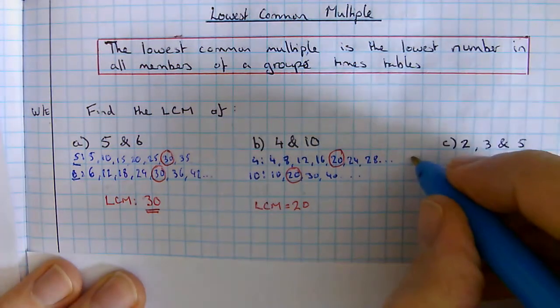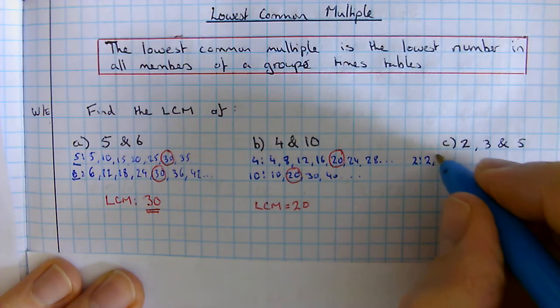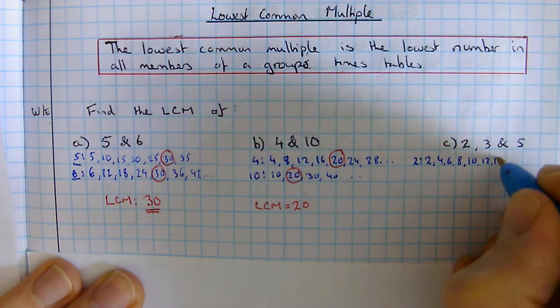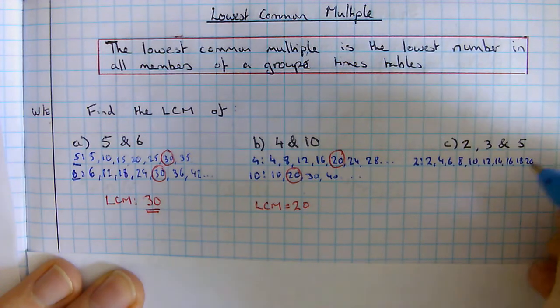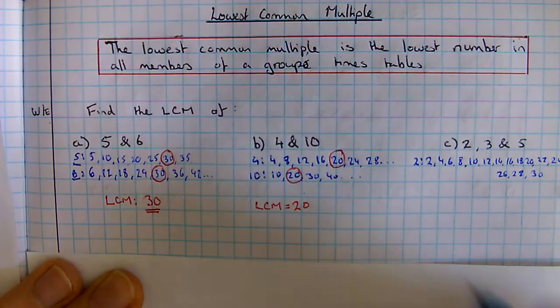So I'm going to write out my 2 times table, giving myself plenty of space because I think I might need to go up to 30. Gives me 2, 4, 6, 8, 10, 12, 14, 16, 18, 20, all the way up to 30. Okay, so I've gone up to 30 there.